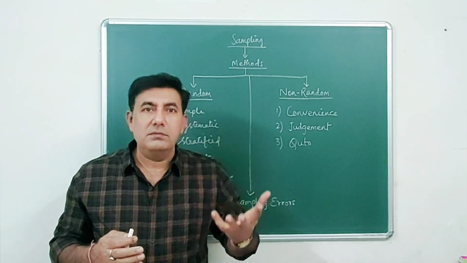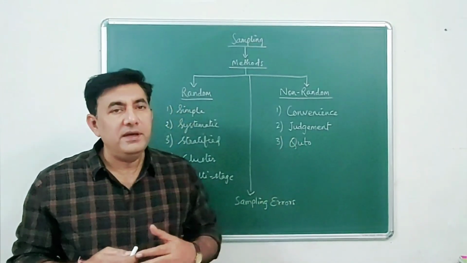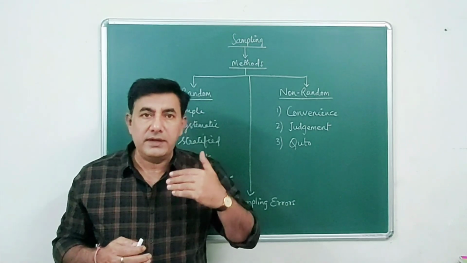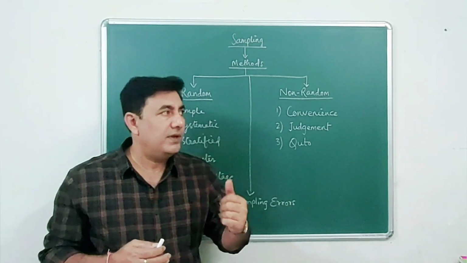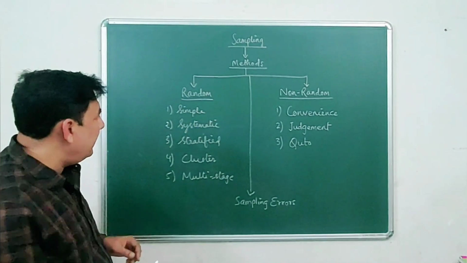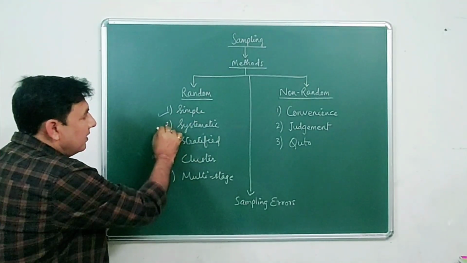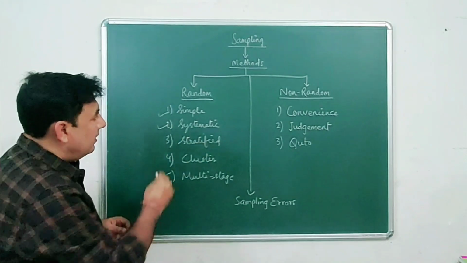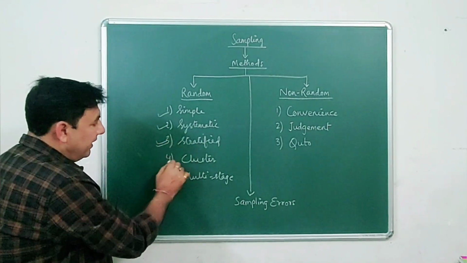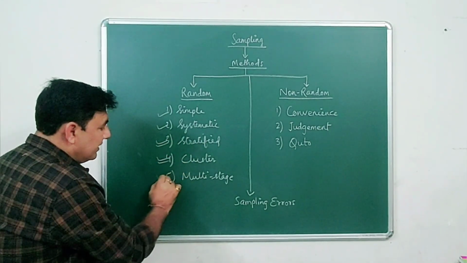Random, like and non-random में we are following a simple technique, a system. Okay. And random sampling is again divided into 5 types: simple random sampling, systematic random sampling, then stratified, cluster and multi-stage.